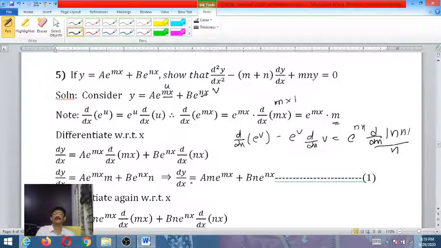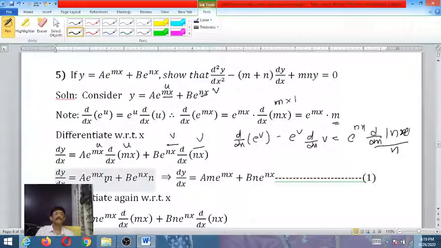It is n. Now come to here. Therefore, a into e power u, derivative of u, b into e power v into derivative of v. So mx derivative is m into 1, m, nx derivative n into 1, n.